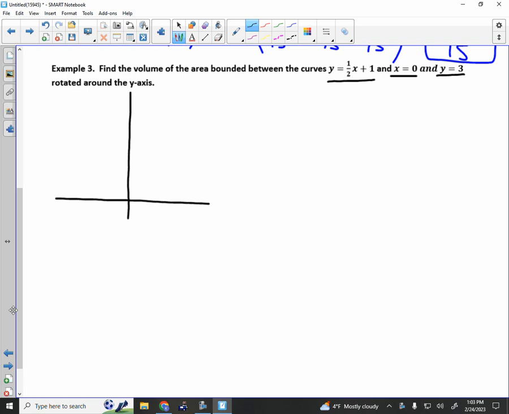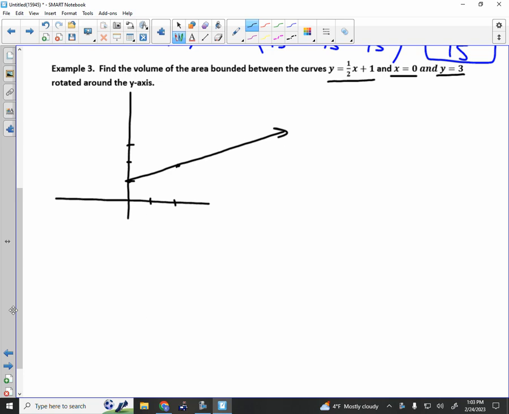Yeah, it's a line. So for every 2 I go over, I go up 1. So something like that. Are we okay with that? I'm going to bound it by that function, x equals 0.